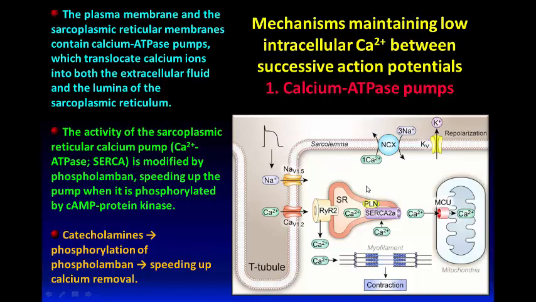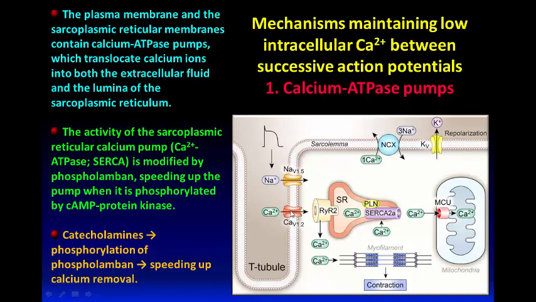It is also important to note that when norepinephrine and epinephrine bind to their adrenergic receptors, stimulating adenylyl cyclase and having cyclic adenosine monophosphate acting as their second messenger and stimulating the protein kinase enzyme, this also results in phosphorylation of the L-type voltage-gated calcium channels.